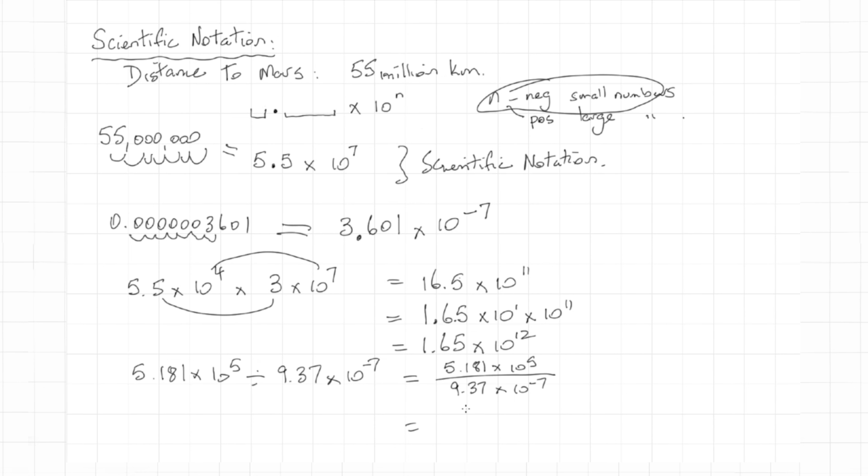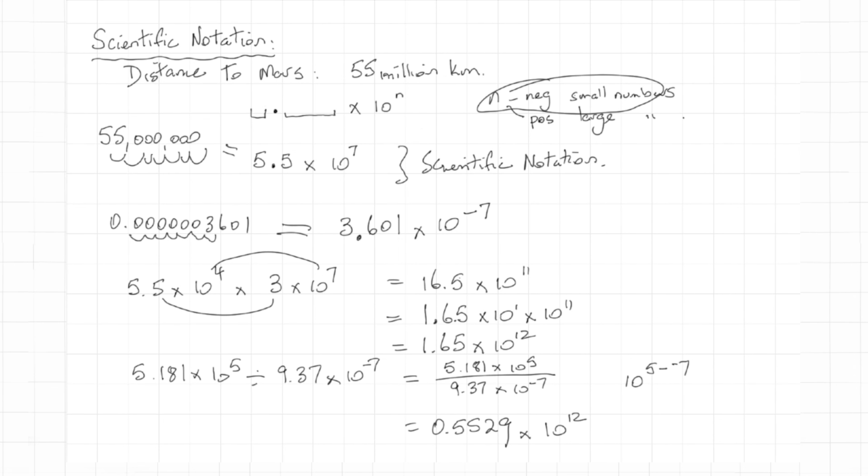We can work this out using our calculator, and we get 0.5529 when we divide that into that. And when we're dividing, we subtract the indexes. And we're going to put the answer on the top. So it'll be 10 to the power of 5 minus negative 7. And 5 minus negative 7 is 10 to the power of 12.